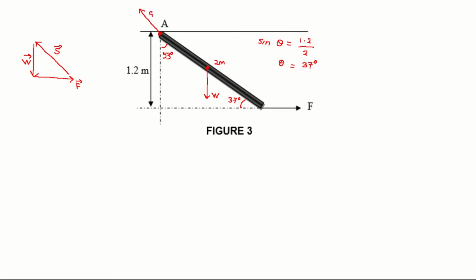Now the system is balanced, so it means that net torque equals 0. Torque clockwise equals torque anti-clockwise.